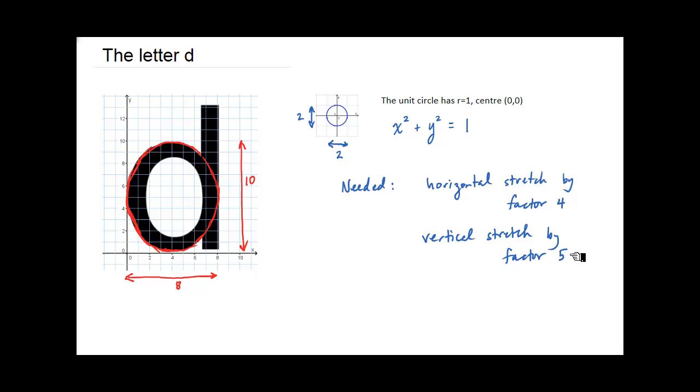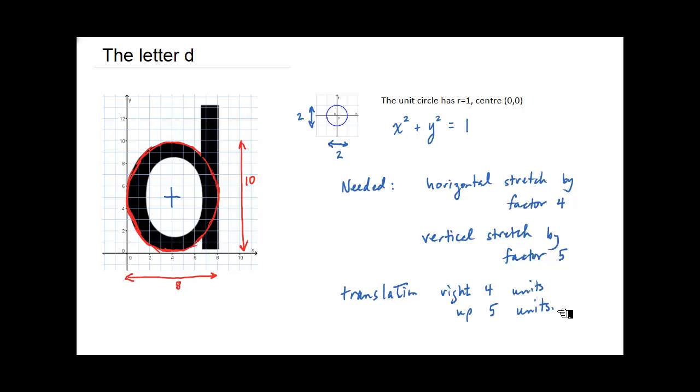That'll get us the necessary width and height of the relation. But we'll also then need to translate the curve so it's no longer centered at the origin. We need to translate it so that it's centered here. That's the point 4, 5. So then we'll need to do a translation right 4 units and up 5 units.